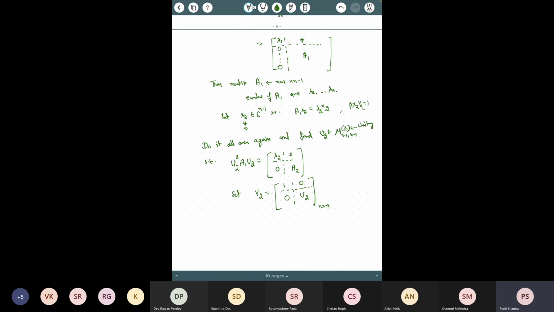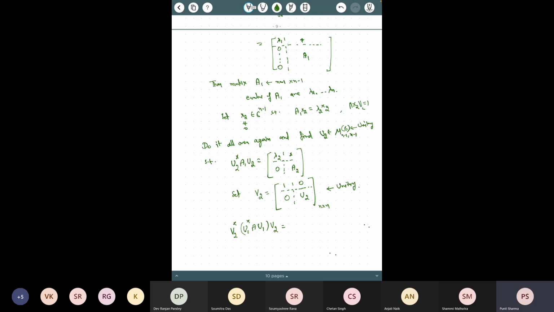Also V2 is unitary. You can check that the columns of V2 are orthonormal because U2 is unitary. So this V2 is an n cross n unitary matrix. Okay. And now if you apply V2 on this matrix U1 star A U1.